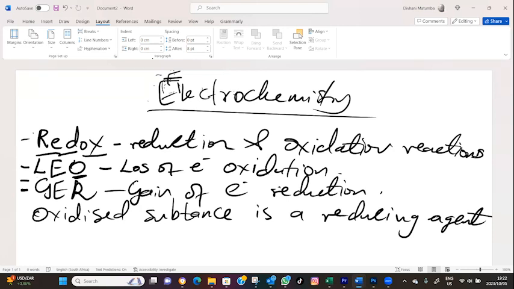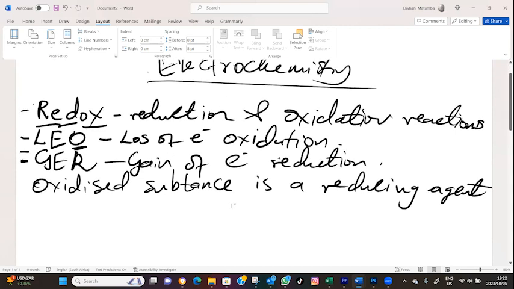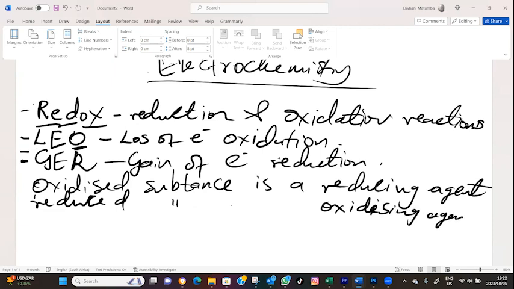The same applies with a reduced substance. If a substance is reduced, then it is an oxidizing agent. All right.